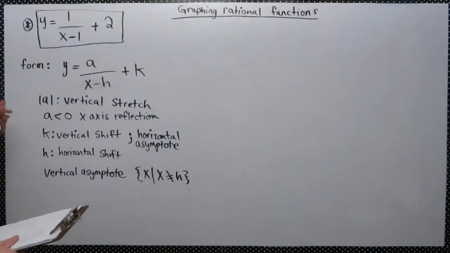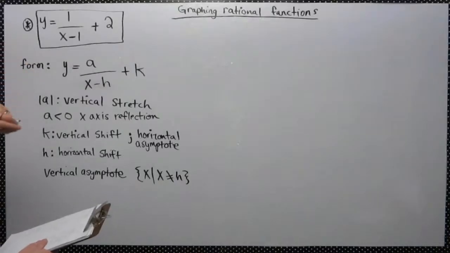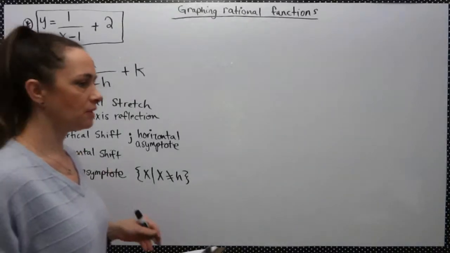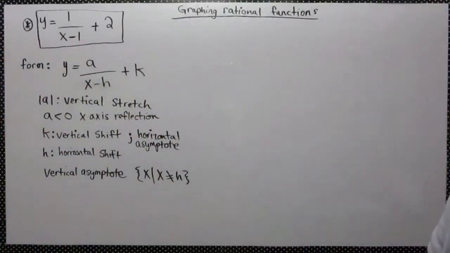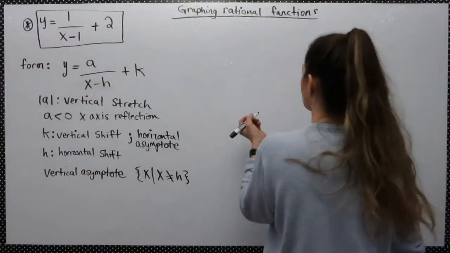Okay, so that's pretty cool. I found this form and I thought we'll go ahead and just practice with the function and see if I can sketch the graph of it real quick.